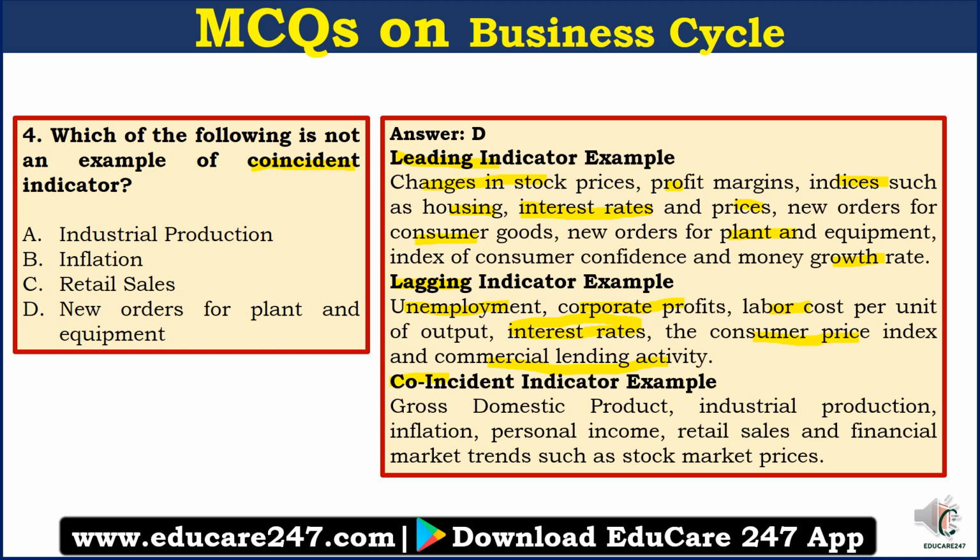Now moving on to coincident indicator, the examples are gross domestic product, industrial production, inflation, personal income, retail sales, financial market trends such as stock market prices. So sometimes these indicators can overlap each other. That means they can fall under one or both or all the above categories, right? But generally, the new orders for plants and equipments are considered an example of leading indicator.